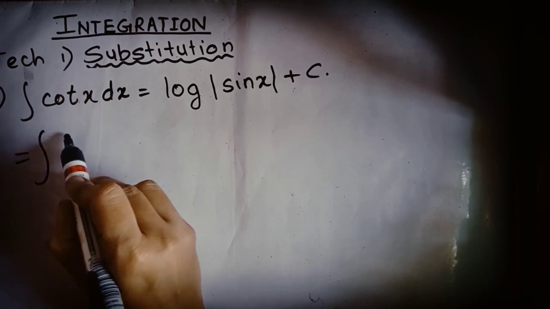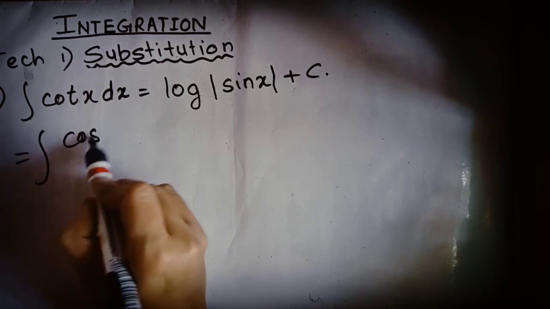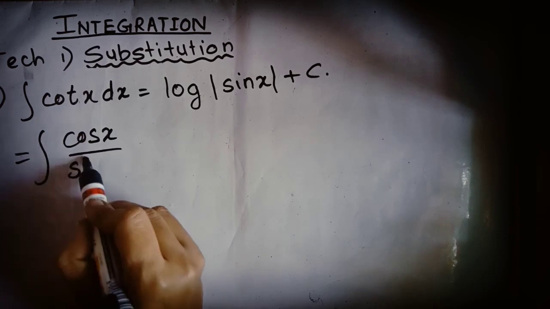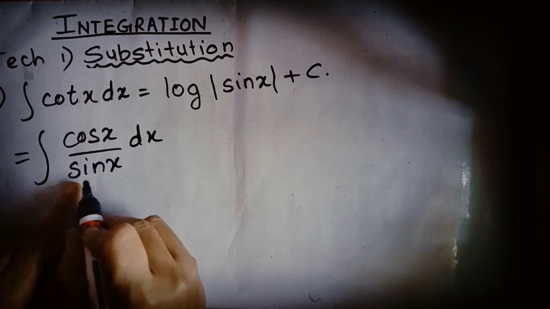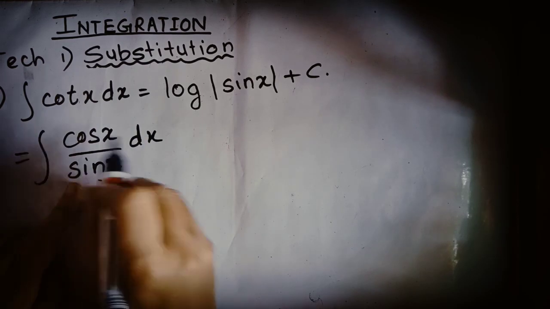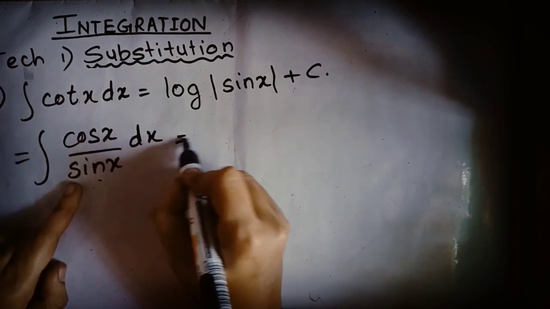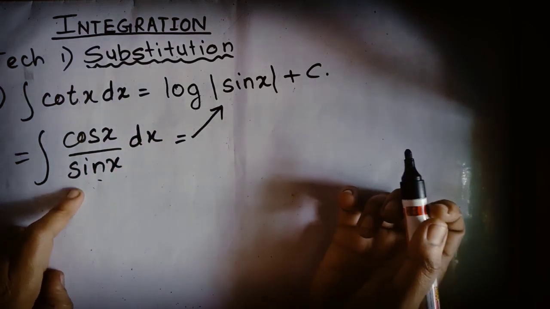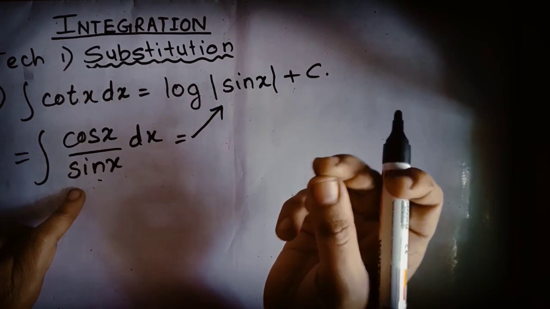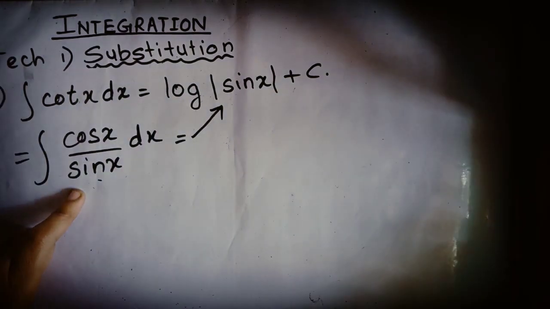So cot of x we can write as cos of x upon sin of x, right? So sin is your function and the derivative of sin is cos of x, so you can directly write this in this form. Or you can use the t method, which is substitution.